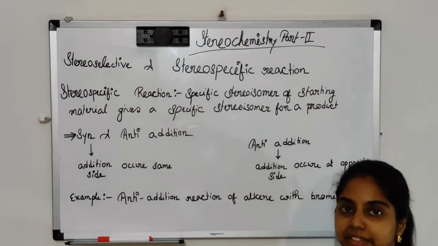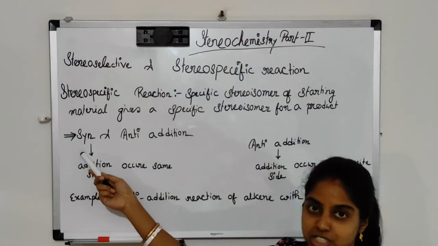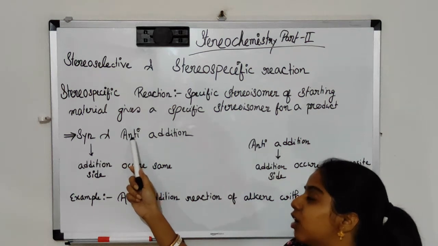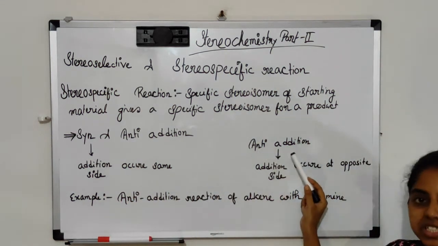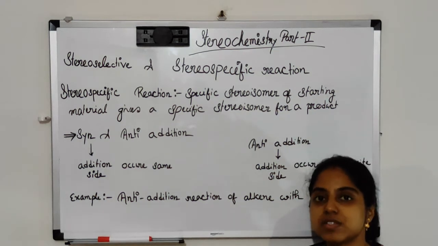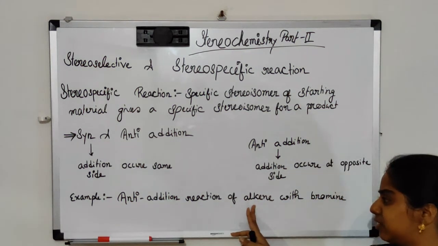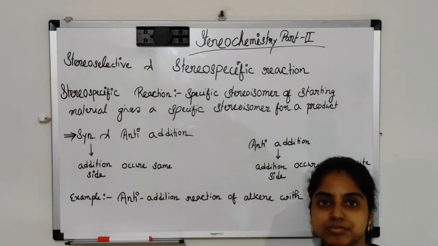When the group is added on the same side of the double bond, it is known as syn addition, and when it happens on the opposite side of the double bond, it is known as anti addition, right? So the example of a stereospecific reaction is our anti addition reaction of alkene and bromine, right?